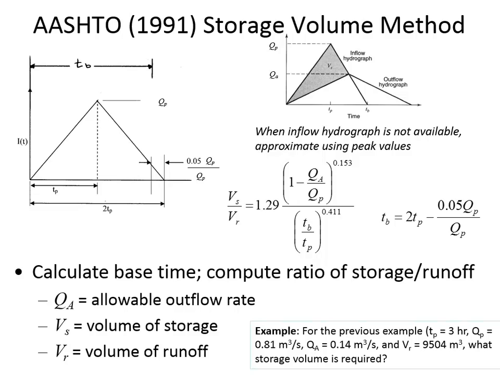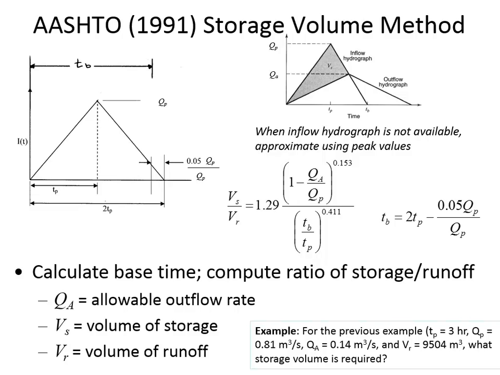The volume of storage is the volume of runoff times 1.29, times 1 minus Q sub A divided by Q sub P to the 0.153 power, divided by T sub B divided by T sub P to the power of 0.411.